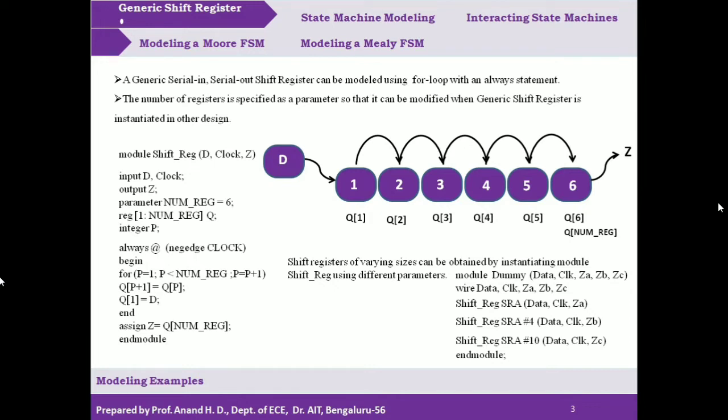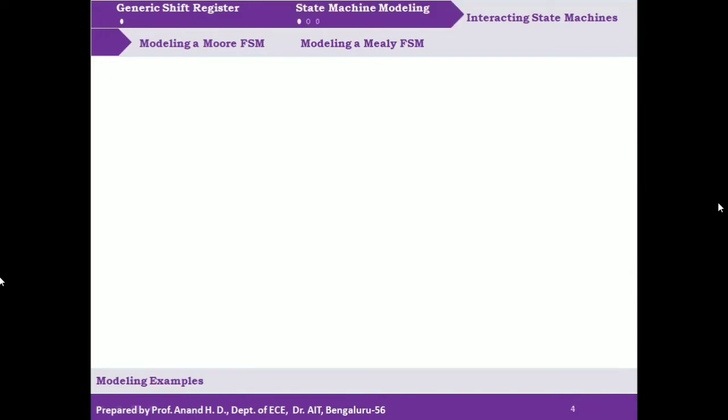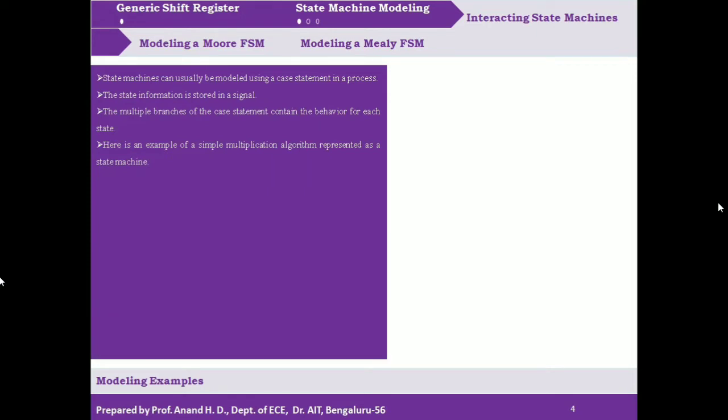So the next concept is state machine modeling. So what is state machine modeling? State machine modeling is nothing but modeling our designs based on certain states and the state transitions between the states. Yes, so a state machine can usually be modeled using a case statement in a process.